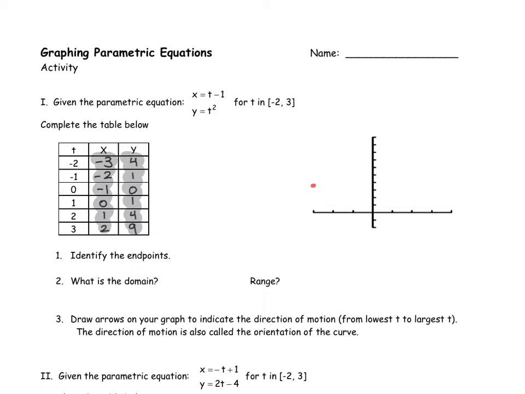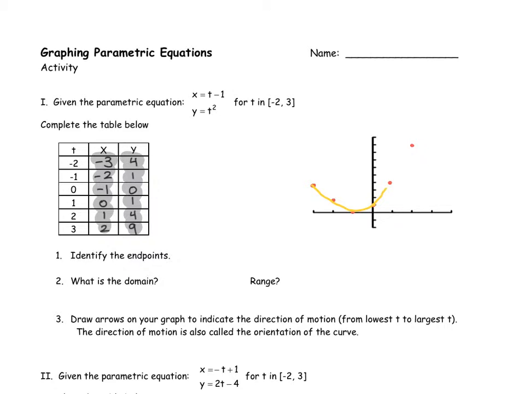It's going to be this point. -2, 1. -1, 0. 0, 1. 1, 4. And then 2, 9. And I connect them. So this is a curve.